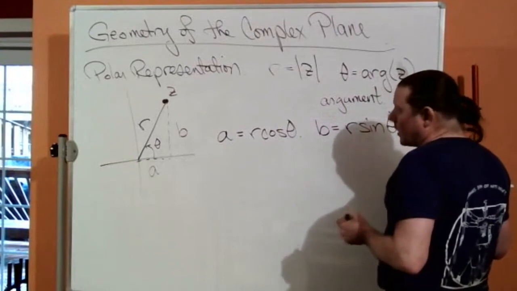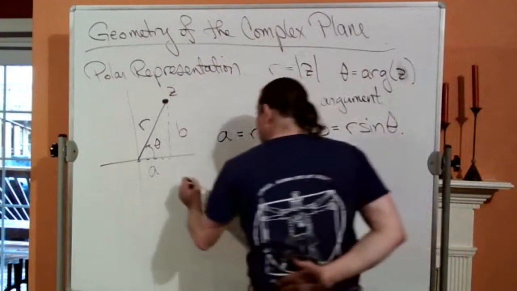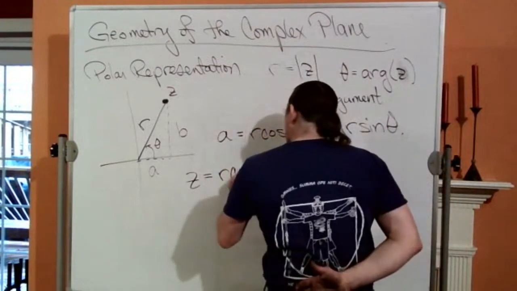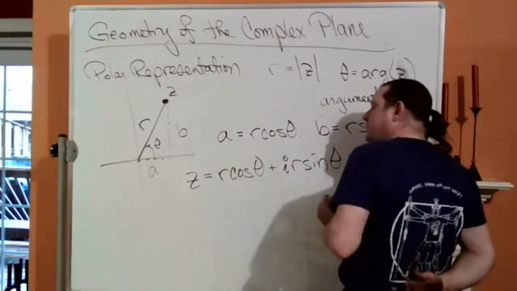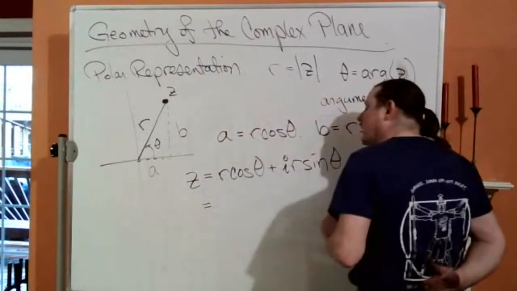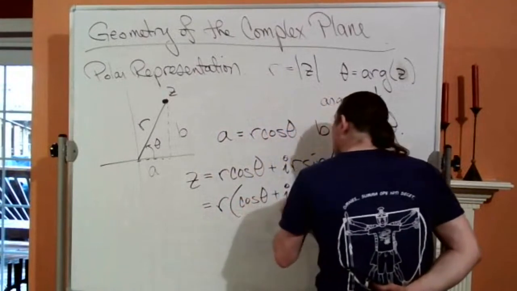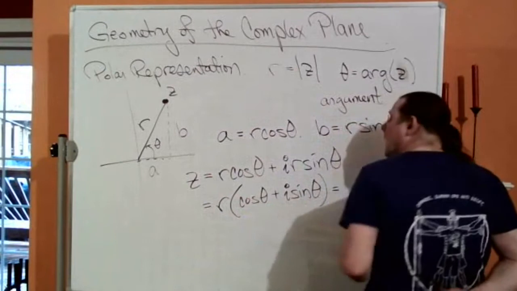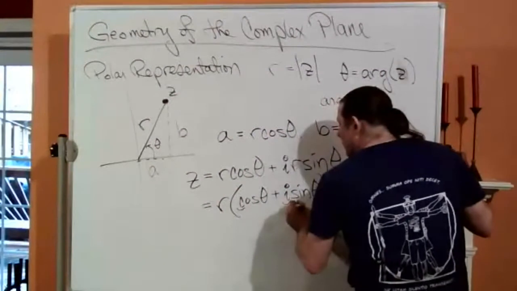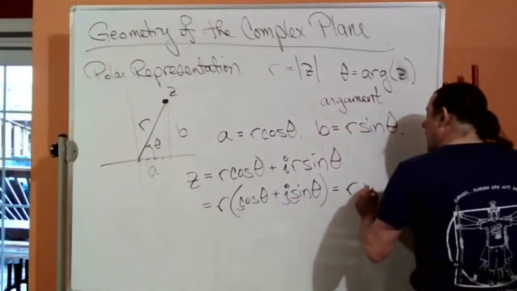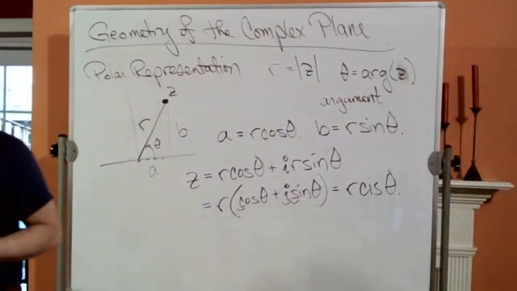So that means that my complex number z will be written as r cosine theta plus i r sine theta. Now, that's often abbreviated, so I could factor out an r, and this will often be abbreviated by looking just at the C, the I, and the S: r cis theta.